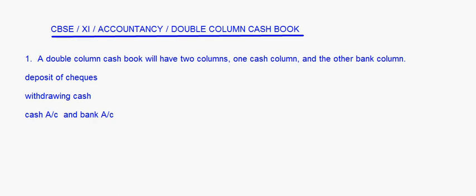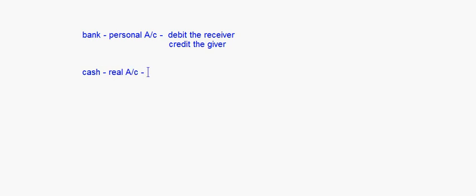Now let's try to understand how to record these transactions in this two column cash book. First of all, bank, this is a personal account, and the rule for personal account is debit the receiver and credit the giver, right? And cash is a real account, and the rule there is debit what comes in and credit what goes out, right?